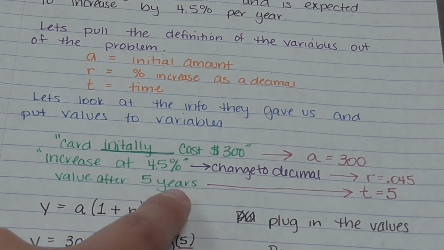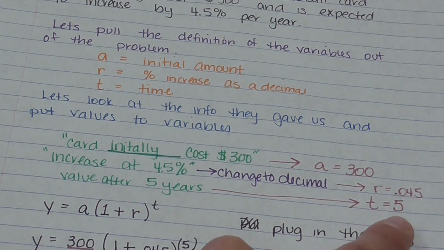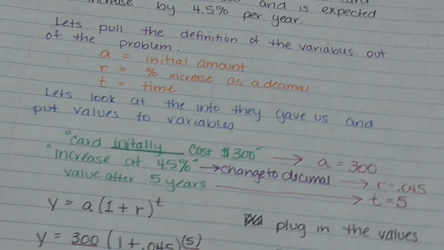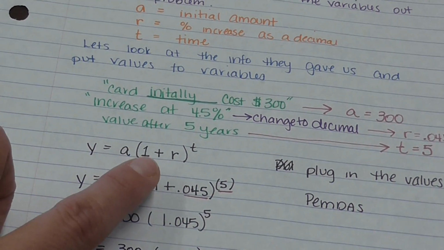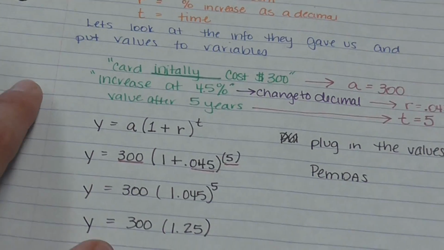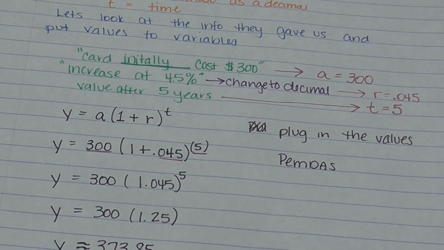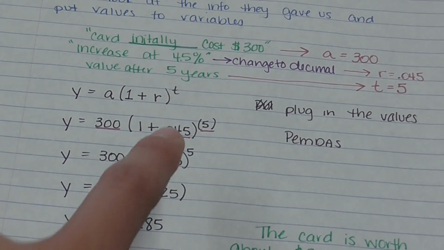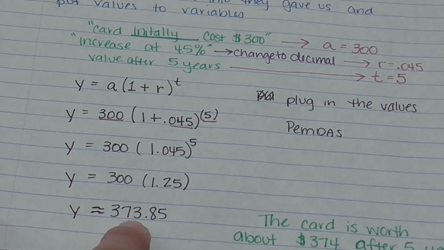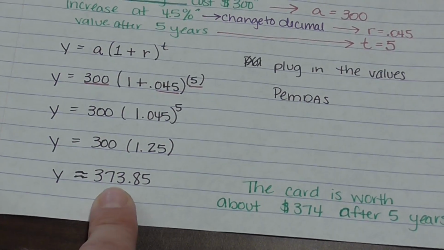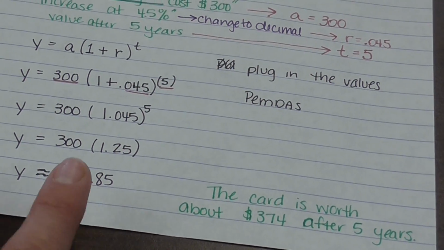Years is a time unit, so I know that t is going to equal 5 years. Again, I'll rewrite my formula: y equals a times 1 plus r to the t power. I'm going to plug in my a, r, and t. I'm going to use the calculator to do what's in parentheses first, then my exponents, then my multiplication, and I know that the card is going to be worth about $374 after 5 years.